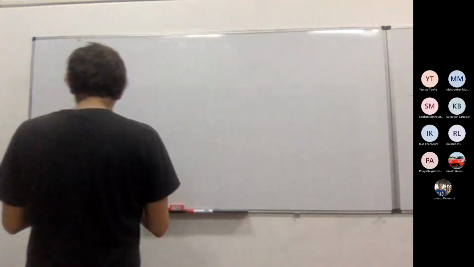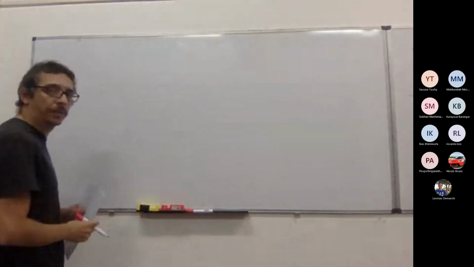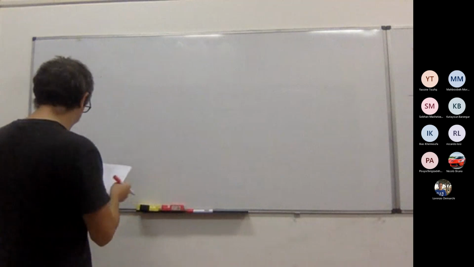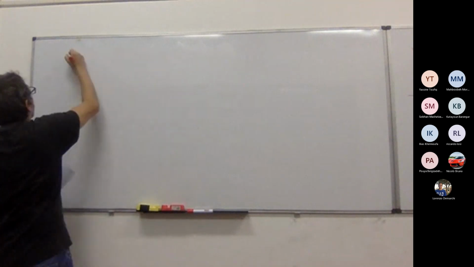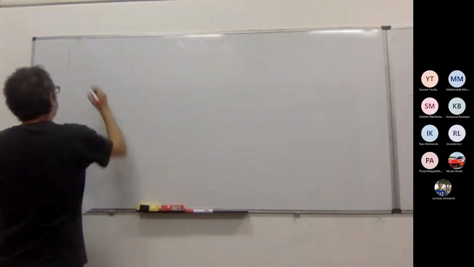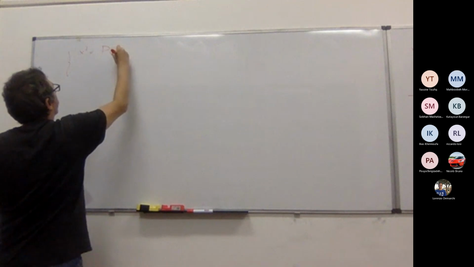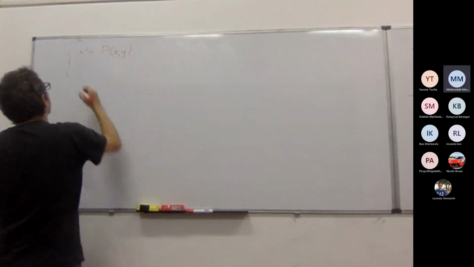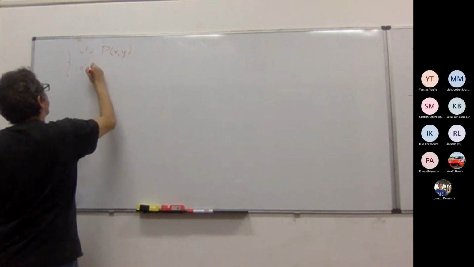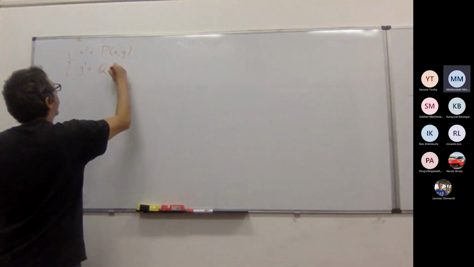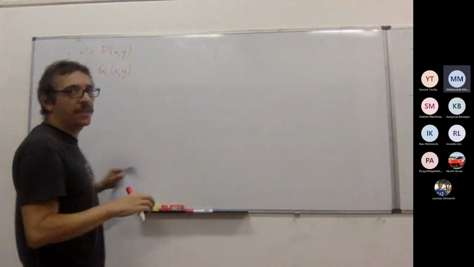Suppose, for example, that you want to analyze this kind of system: x prime equal to P of x and y, and y prime equal to Q of x and y.